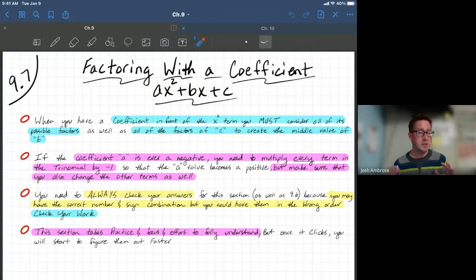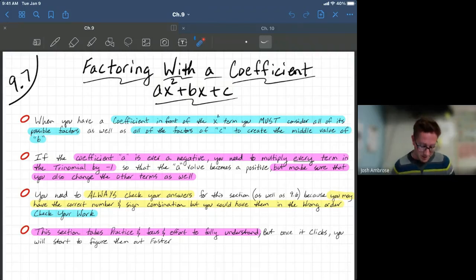That is really beneficial, because when a is negative, it becomes difficult to keep up with all of the different signs and how they interact to solve for b. So in a couple of the example problems we'll have a negative coefficient a, and we're going to multiply every term in the trinomial by -1, changing every single sign.